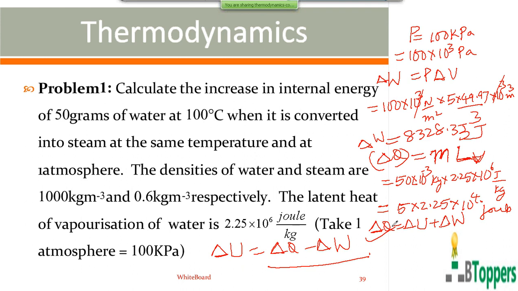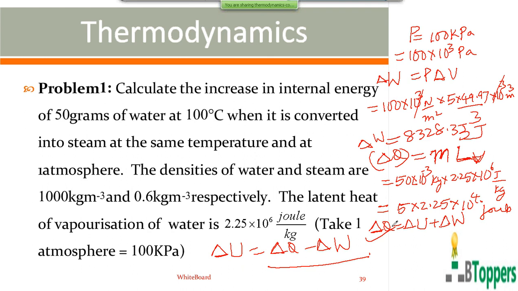I have observed with some students, when a similar question is given in an objective type paper, because temperature is constant during vaporization, during change of state, they think that internal energy is constant. Of course, internal energy of a fixed mass of an ideal gas can be assumed to be constant when its temperature is constant. But the problem is not given with an ideal gas. It is a problem given with conversion of water into vapor or steam.